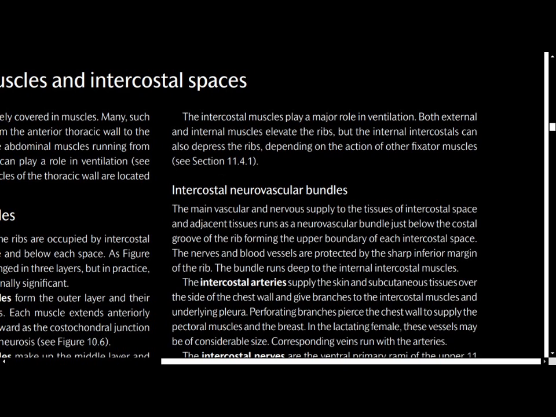The intercostal arteries supply the skin and subcutaneous tissue over the side of the chest wall and give branches to the intercostal muscles and underlying pleura. Perforating branches pierce the chest wall to supply the pectoral muscles and the breasts.